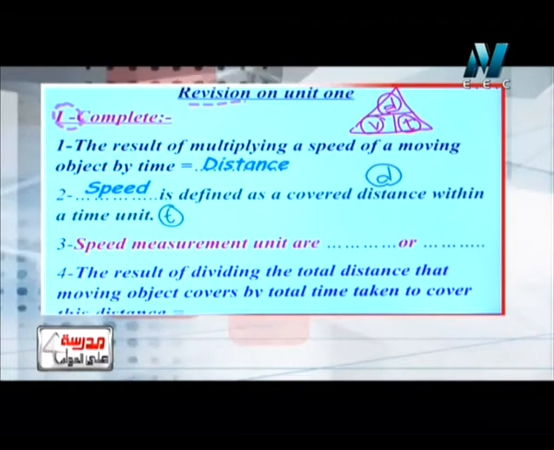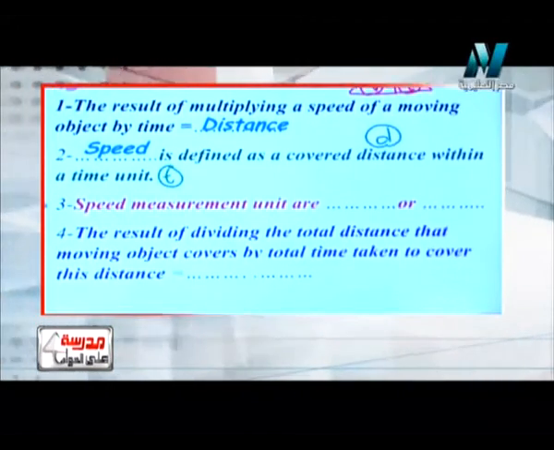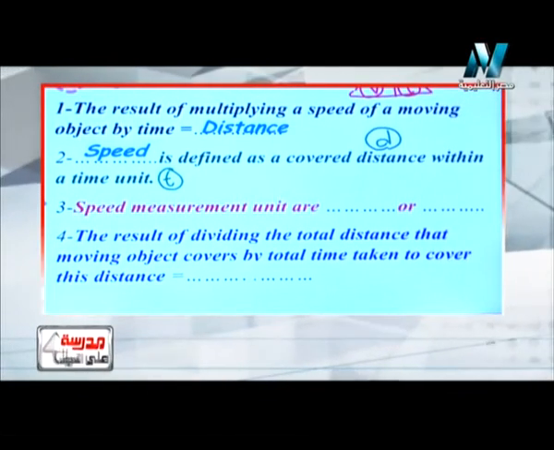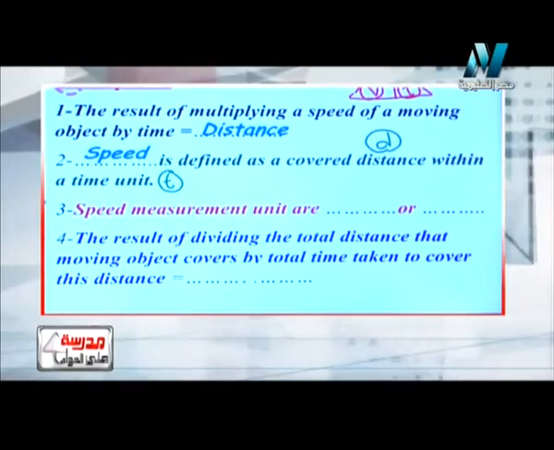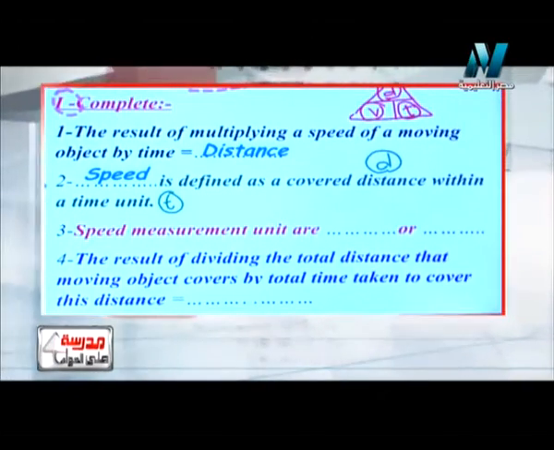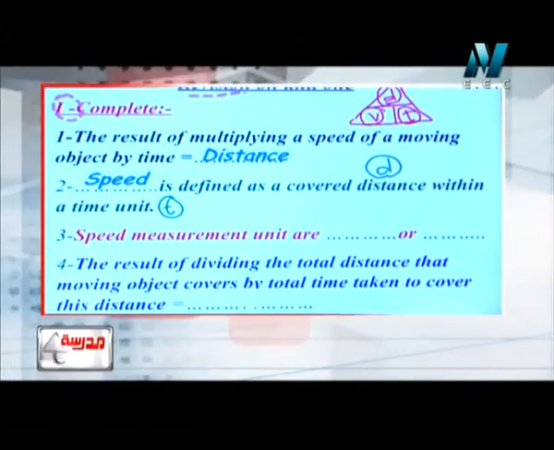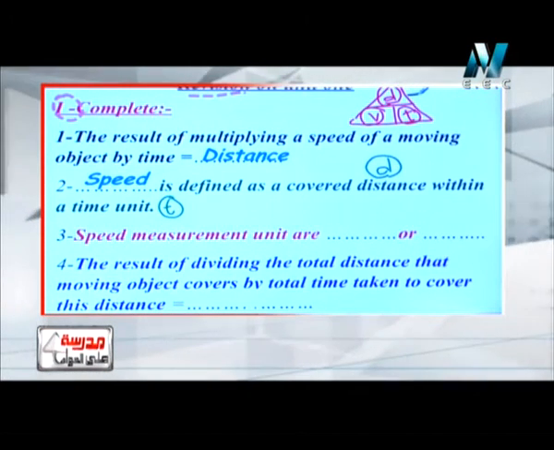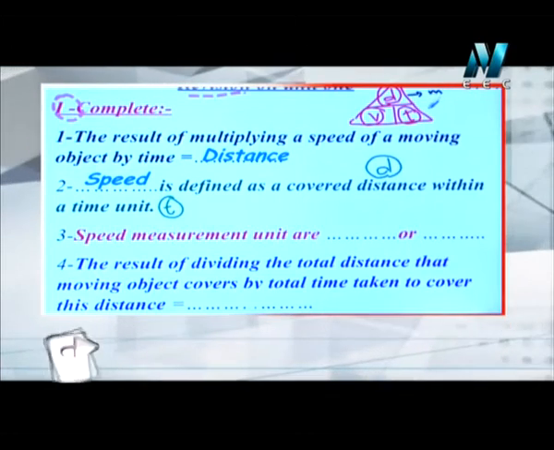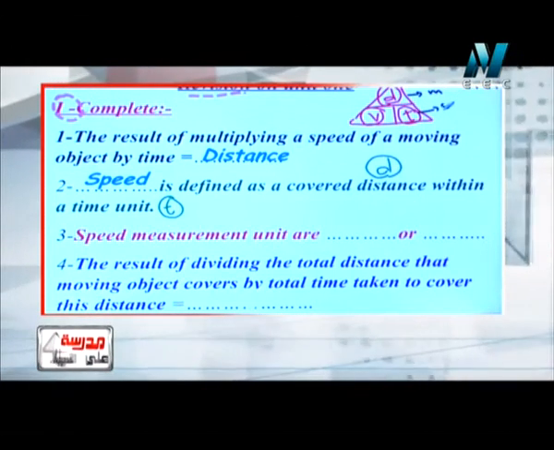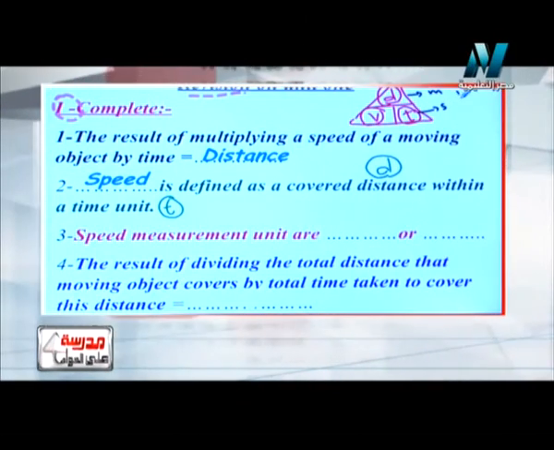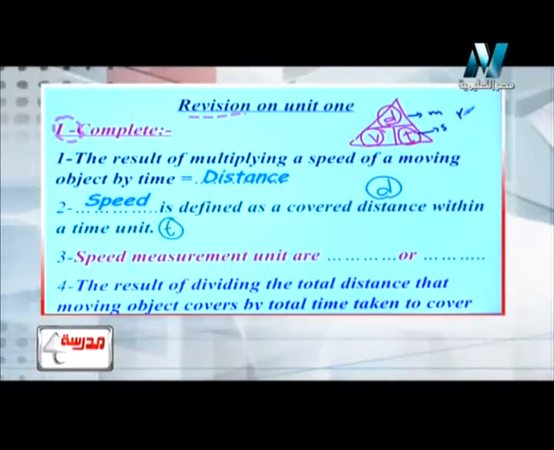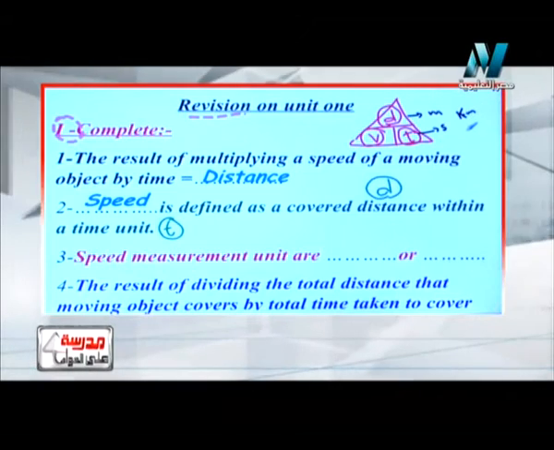Next question, dear students, is speed measurement units are what or what? We have 2 measurement units of speed. As here we have speed equals distance over time, so we have 2 measuring units. Number 1 is what and number 2 is what? We have meter and here we have second, or maybe we have kilometer and hour.